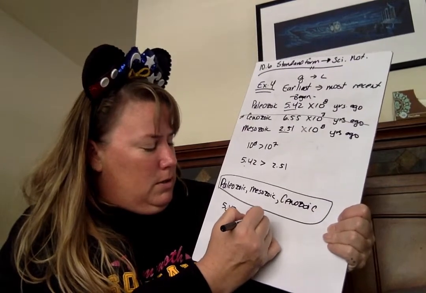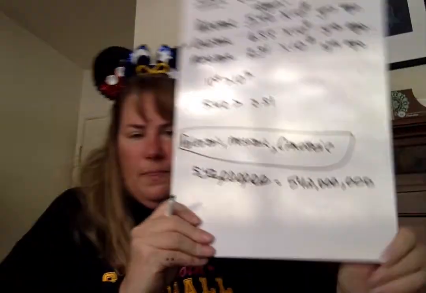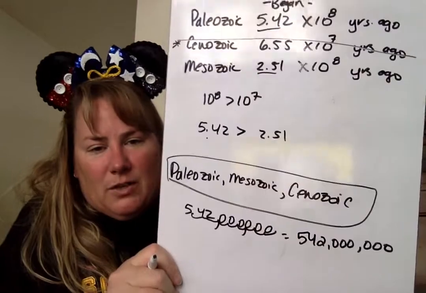Fill them in. This isn't my neatest work. And then I'm going to rewrite that so I can see it, because that is not very pretty looking. So 542 million. Make it a little bit nicer. And then I'll do the Mesozoic.